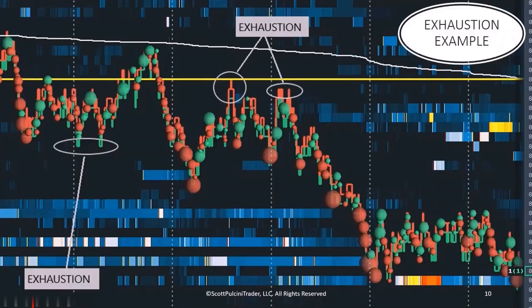Okay, let's go on and see here some exhaustion examples in the microstructure. You'll see here the price comes down, pushed by the sellers around this area over here, and then here you'll see in the microstructure they try to test and see if there are any buyers, but there are no buyers.